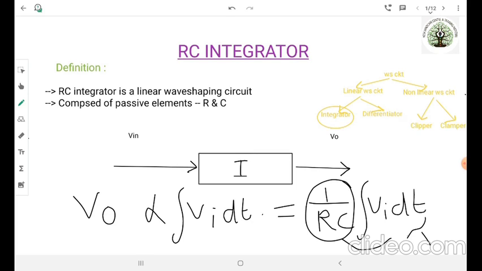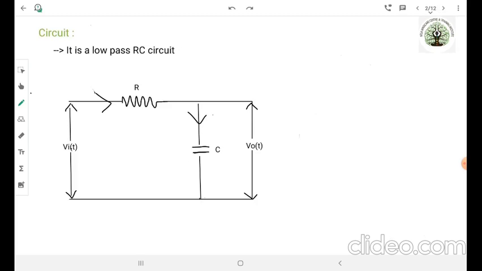Okay. Next we can go through this circuit. See here. It's a low pass RC circuit. Here the input is applied to this resistor and the output is taken across this capacitor.